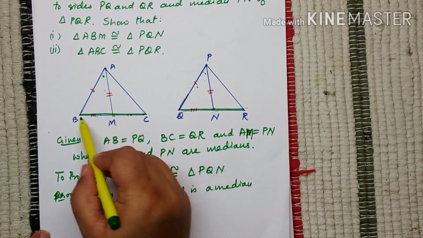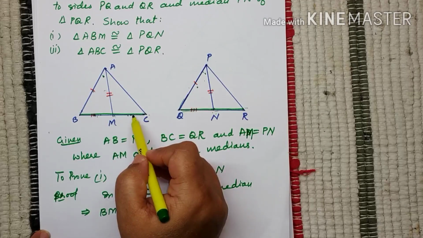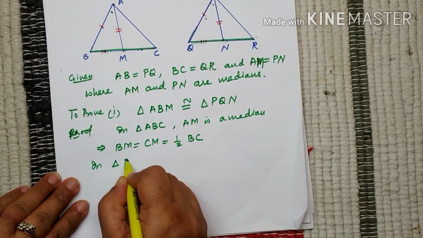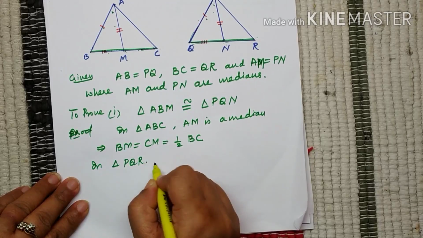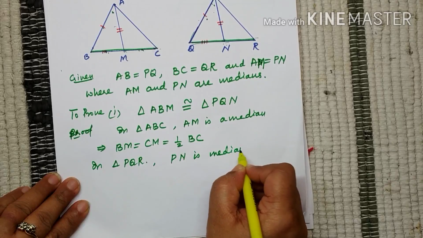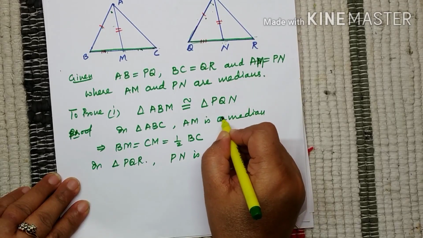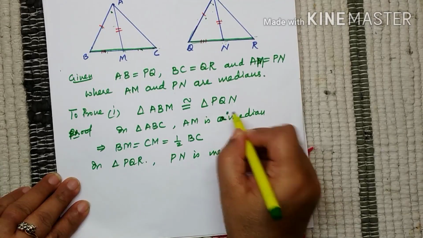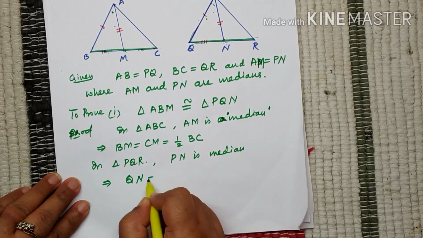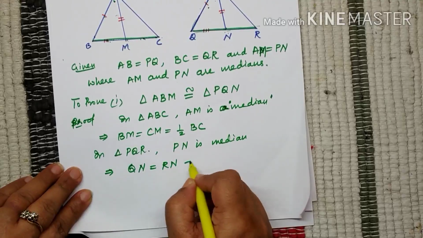So each half is, this BM is half of the full, CM is also half of the full. Similarly, in triangle PQR, PN is a median. This implies QN is equal to RN equal to half of QR.